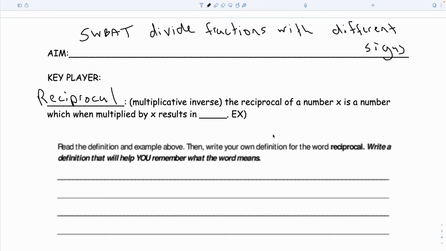The reciprocal is the multiplicative inverse, which means the reciprocal of a number, such as x, is a number which, when multiplied by x, results in 1. It's 1 over x, the opposite. So let's go with 2.